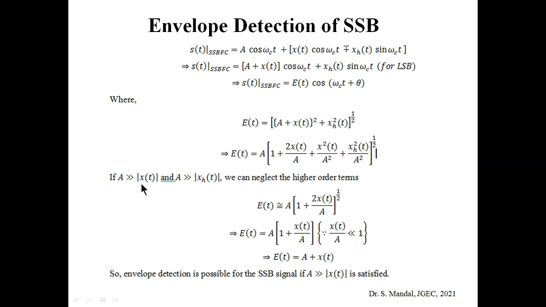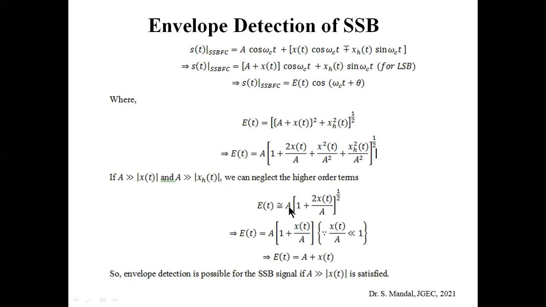So x(t) by a will be very small, so the square of that small value will be even smaller. So neglecting the higher order terms like x square(t) by a square or x_h square(t) by a square, we can easily neglect them.